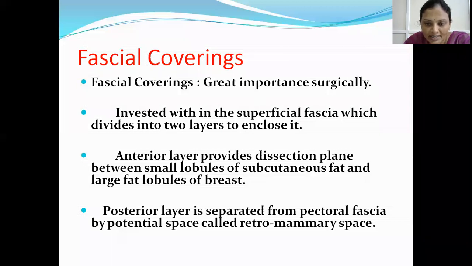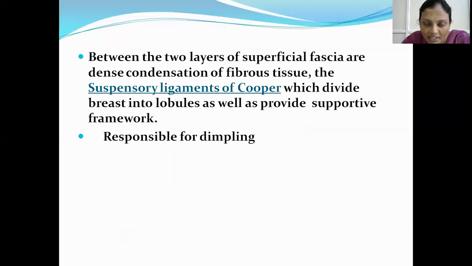The posterior layer is separated from the pectoral fascia by a potential space called the retromammary space. Between these 2 layers of superficial fascia, there is a dense condensation of fibrous tissue, the so-called suspensory ligaments of Cooper, which divide the breast into lobules, as well as provide the supportive framework, which is responsible for dimpling.